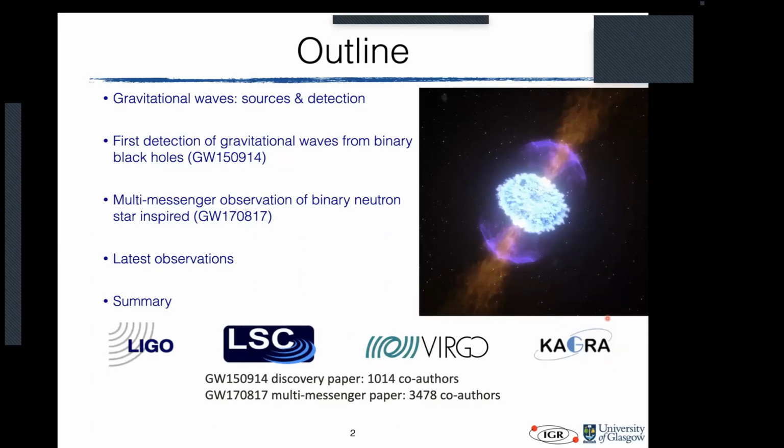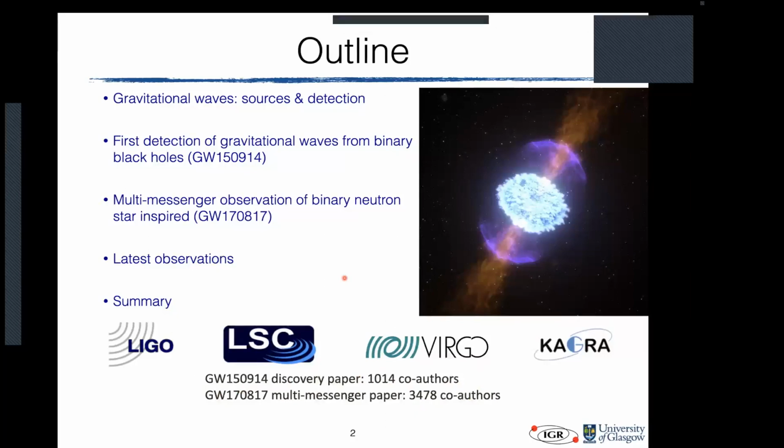As you can see, the first detection had a paper that had 1,000 co-authors, and the multi-messenger detection had many papers which had more than 3,000 co-authors. So this is the work of many, many, many people.